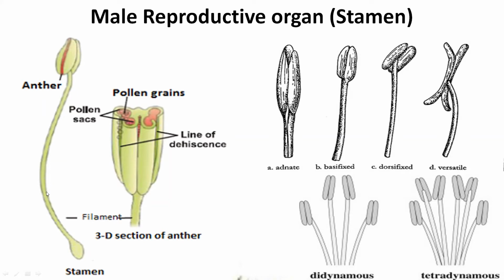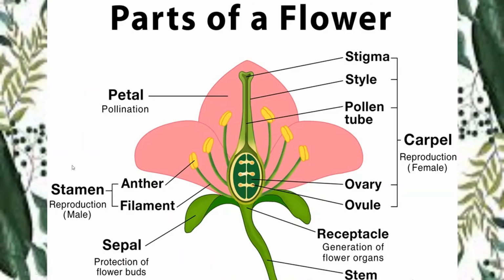So stamen consists of filament and anther. And inside the anther, the pollen sacs are present, and inside those pollen sacs, pollen grains are present. Clear? Pollen grains are present in the anther. Here, pollen grains are present here.